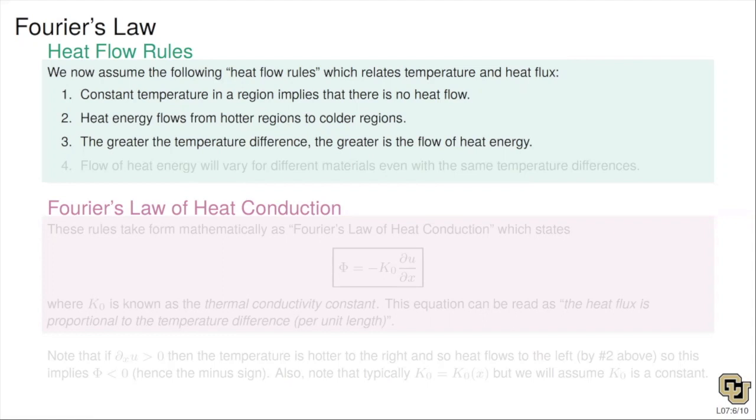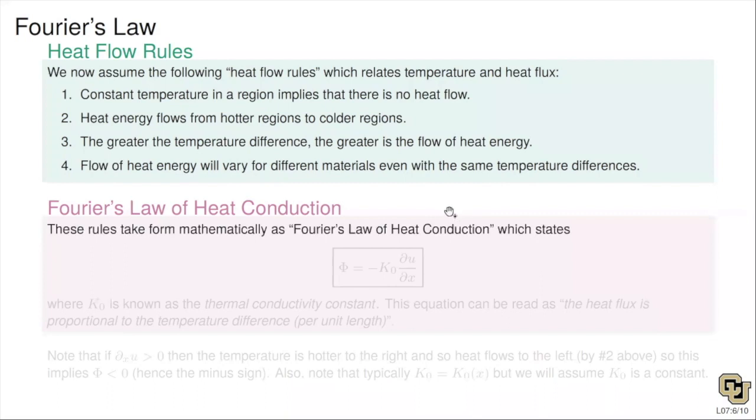So think of dropping an ice cube in a bowl of hot water versus dropping an ice cube in a bowl of cold water, and how quickly, the difference there, what happens thermodynamically. The flow of heat energy will vary for different materials, even if there's the same temperature difference. And that's reasonable. Again, we accept that there are different materials in this universe with different densities that have different thermodynamical properties.